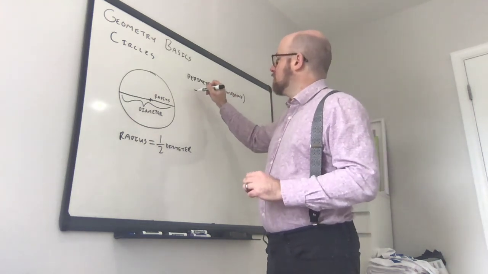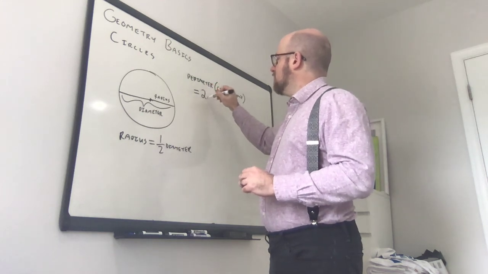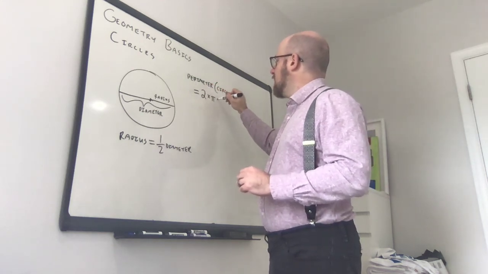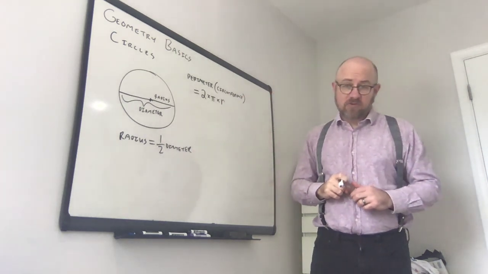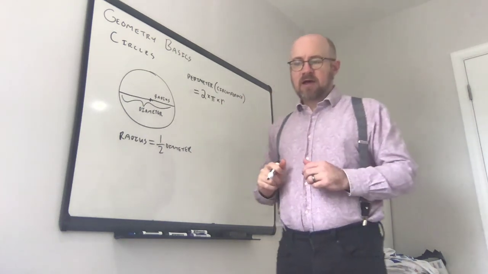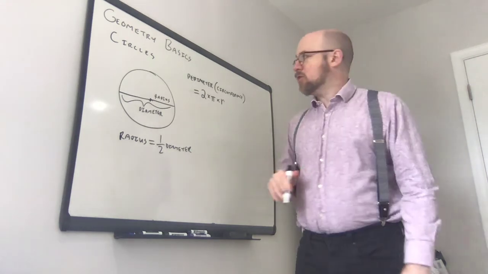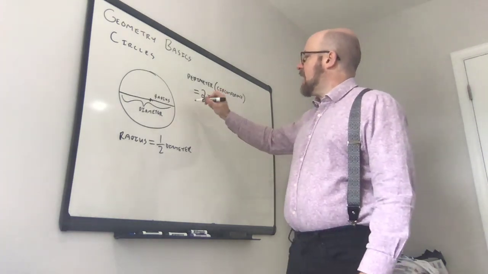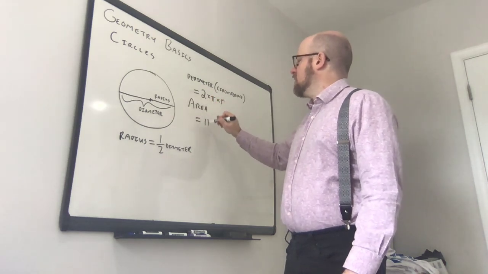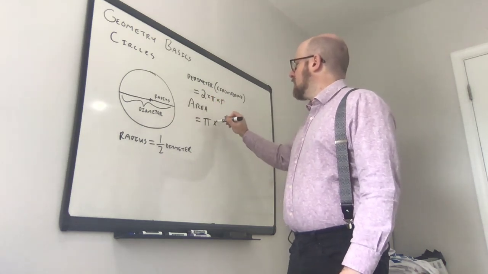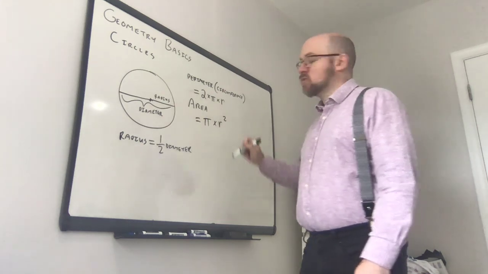So the perimeter or circumference of a circle is 2 times pi times r. Remember pi is this number, 3.14159, etc. You can use the button in your calculator. The area of the circle is going to be pi times r squared.